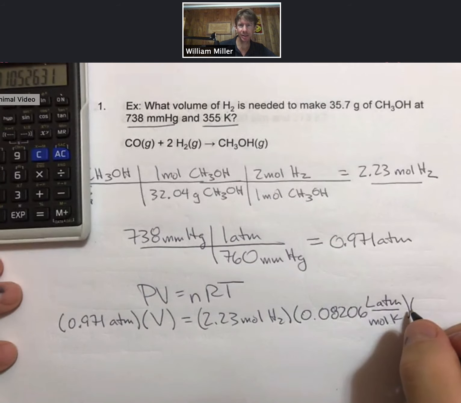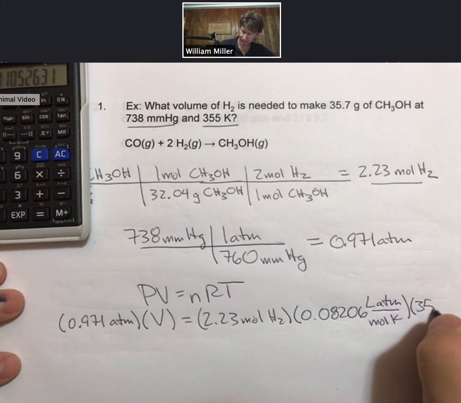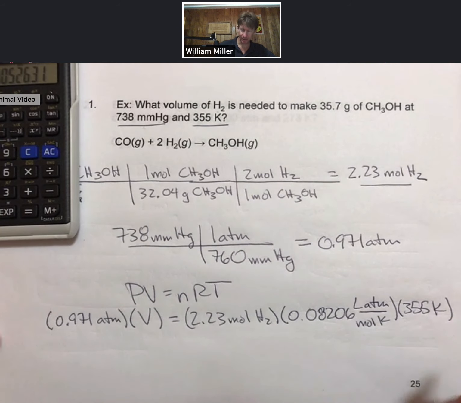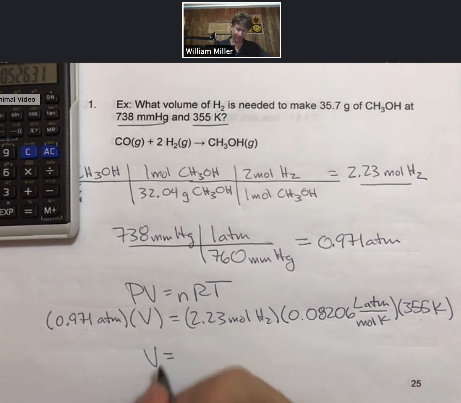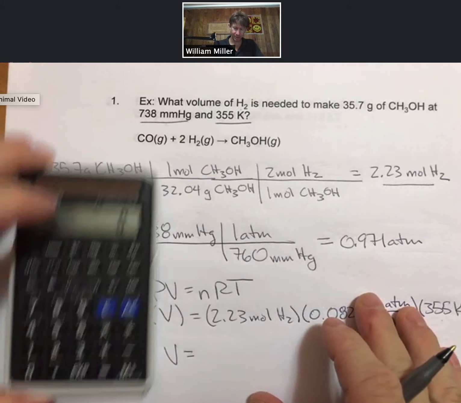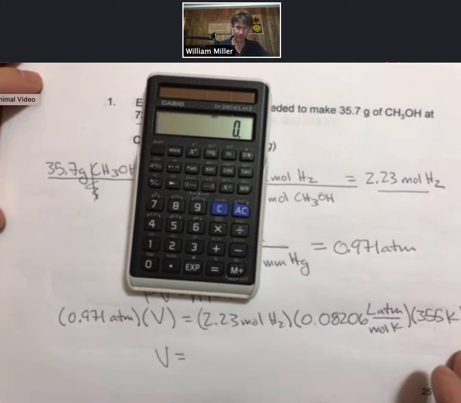And in Kelvin, my temperature is 355. Now again, take all the right-hand side, divide it by the left-hand side to solve for my volume of hydrogen gas. Let's see, where can I do this? There we go.